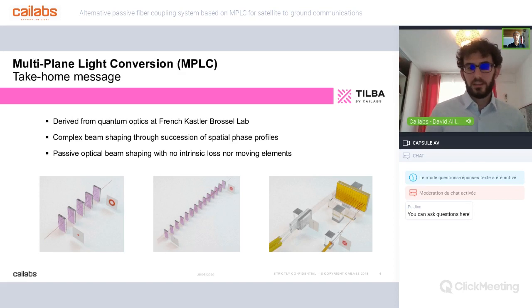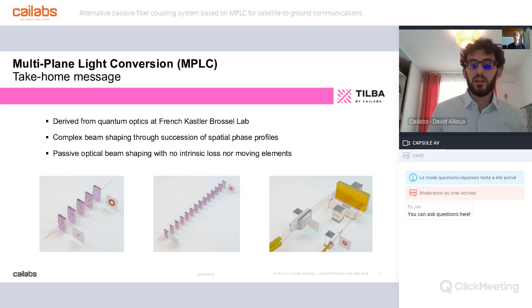What is also interesting is that here it's a telecom design, so we have a fiber array at the input and a multimode fiber at the output. But in principle, it can be exactly the same if we remove the multimode fiber or the fiber array, and we can have a free-form transform from an input basis toward an output basis.